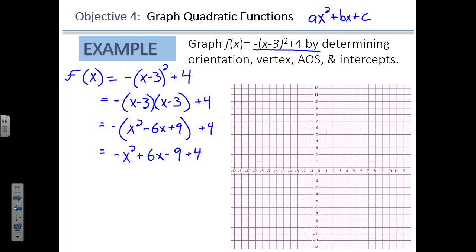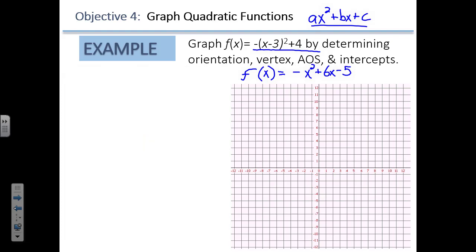And that means our function, when it's in the form we want it to be, is equal to negative x squared plus 6x minus 5. So I'm going to rewrite that function up here so that we have reference to it. F of x is equal to negative x squared plus 6x minus 5. You'll have some work in WebAssign where you'll need to do that rearranging to get it in standard form before you begin, so watch out for that.